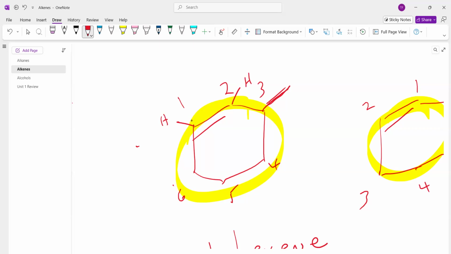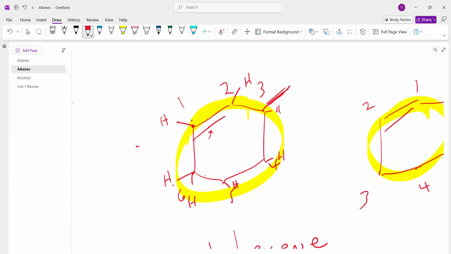If we count now, for this carbon here, 1, 2, 3, 4. So normally you'd have 2 H's there. For example, here there are 2 H's because this carbon here has got 1, 2, 3, 4. Except by the double bond, because one of the bonds is taken up with the extra bond from the double bond.